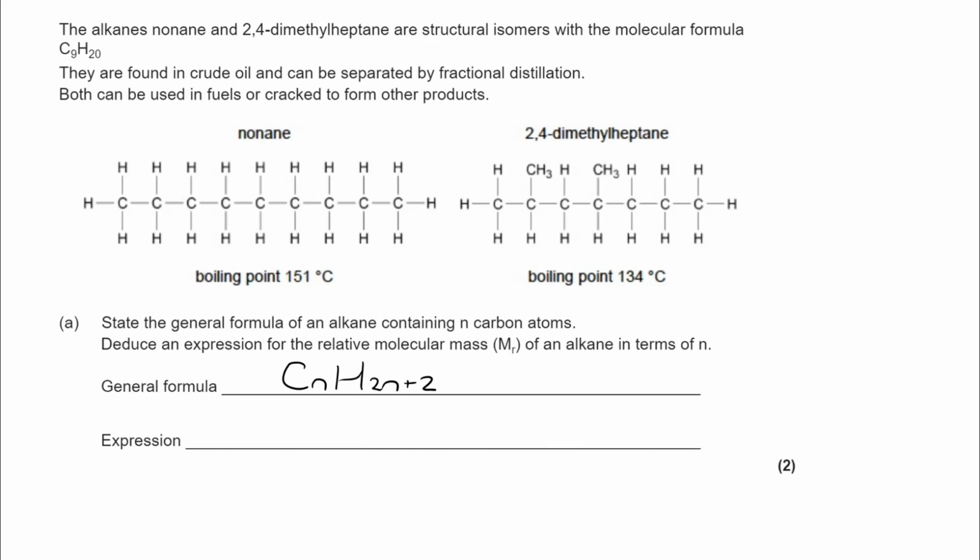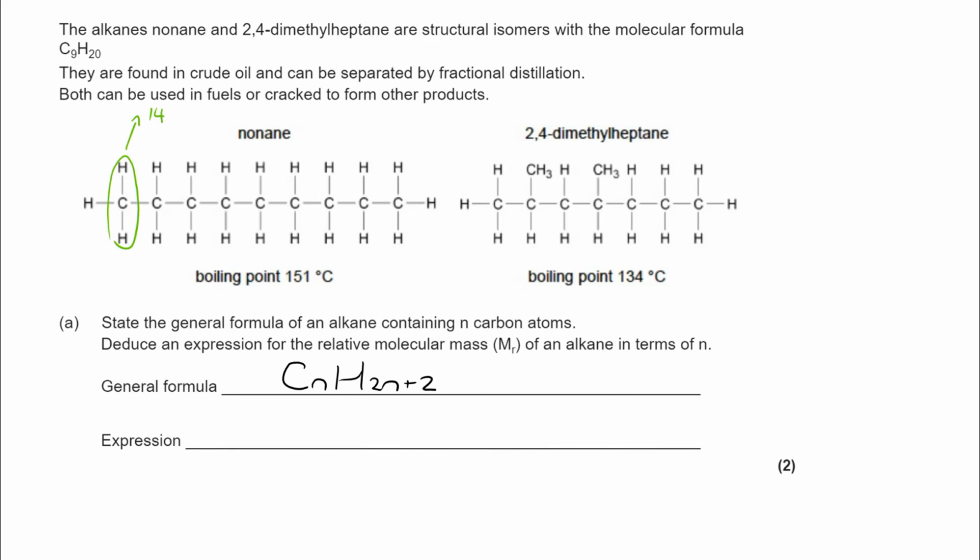But the way that you can think about this, if you want the Mr of any alkane, is we have n carbons. Now, if I look at this particular carbon here, it has two H's attached to it. Ignore the one on the end just for now, because there are lots of carbons that have got that exact pattern, a carbon with two H's.